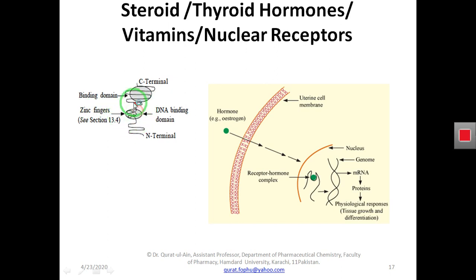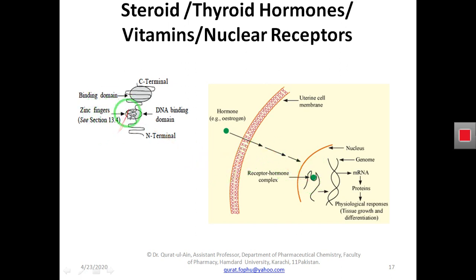As I told you, these receptors reside inside the nucleus. So for their activity, their ligand, which may be an enzyme or hormone, has to be transported across the plasma membrane, then the cytoplasm, and should enter the nucleus where this ligand binds with the zinc finger domain.